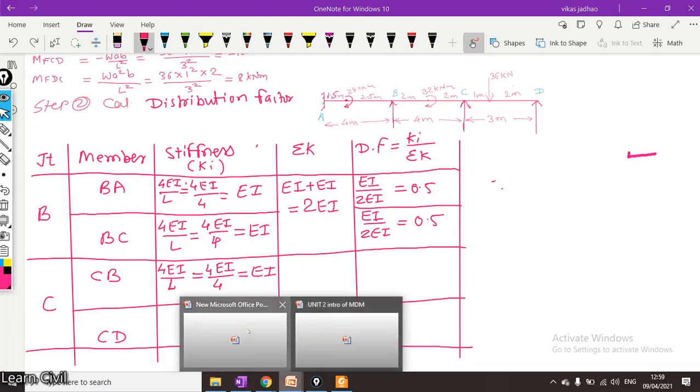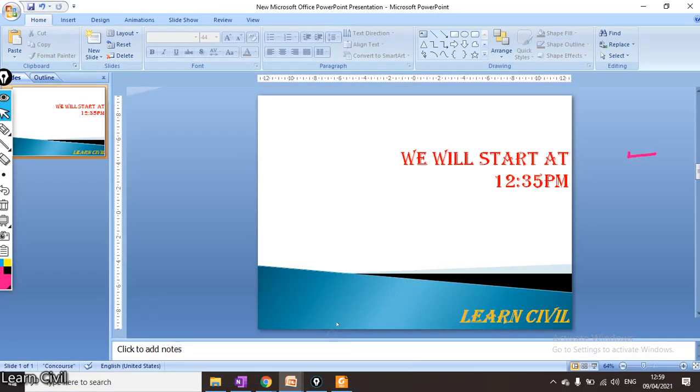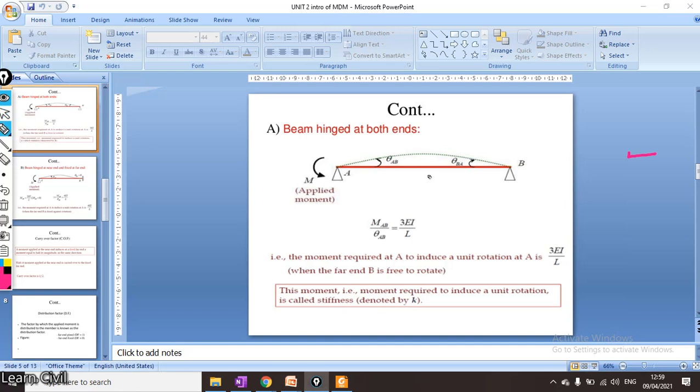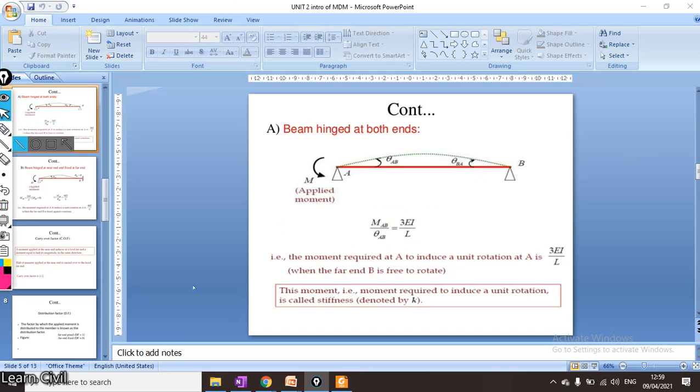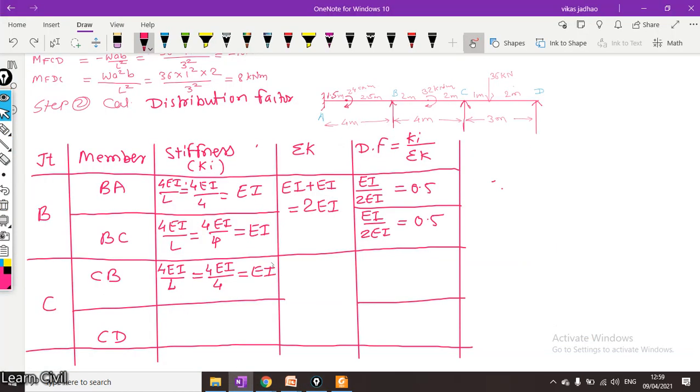As per this rule, if we are having the end support as a simple support or a hinge support, then the stiffness K is given by K equal to 3EI upon L. So for CD, we will be taking the stiffness as 3EI upon L.